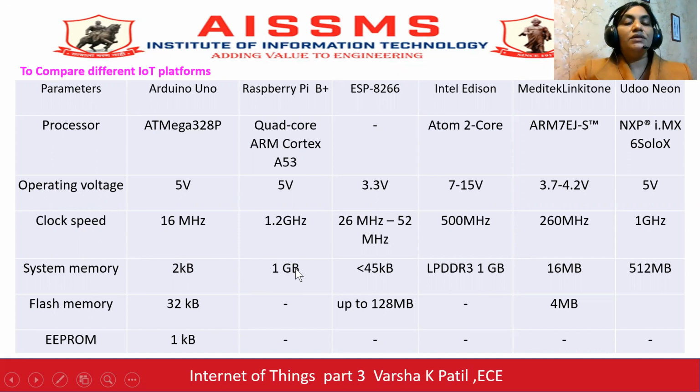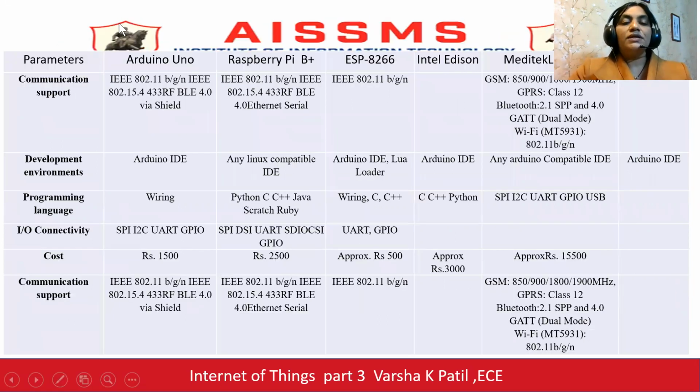The system memory is in GB, whereas in case of other candidates, it is in either MB or KB. The other thing is that it has a clock speed in gigahertz, which again makes it a winner.